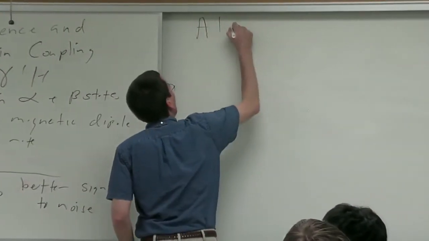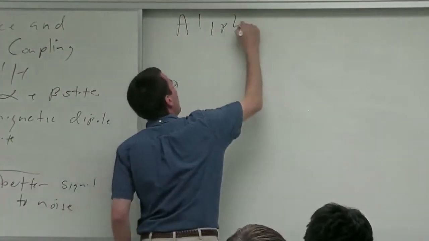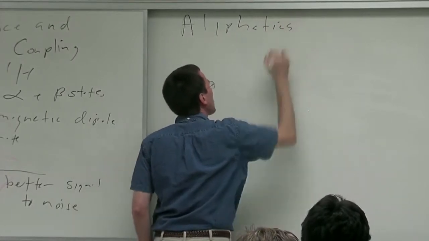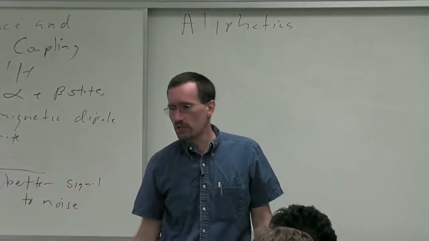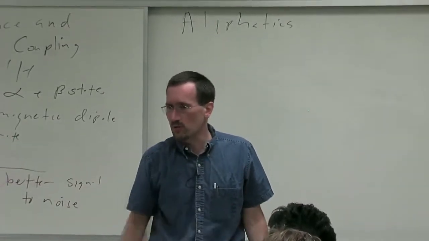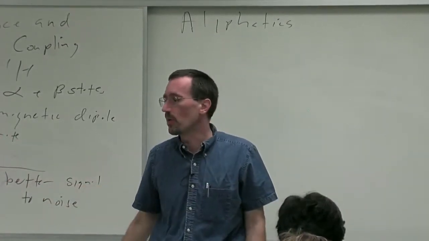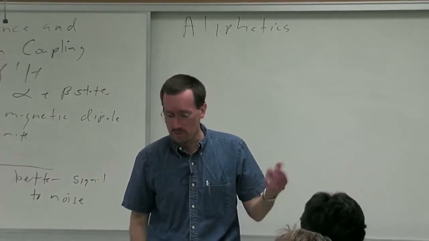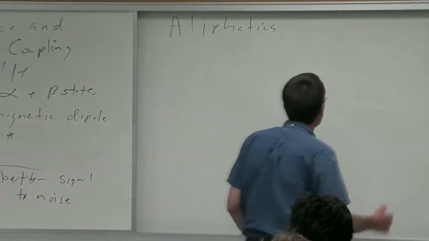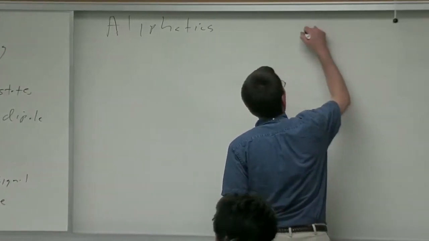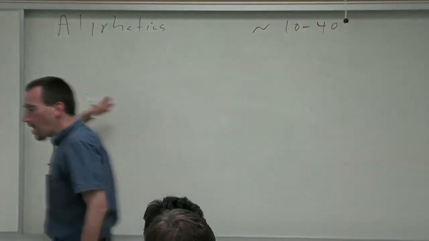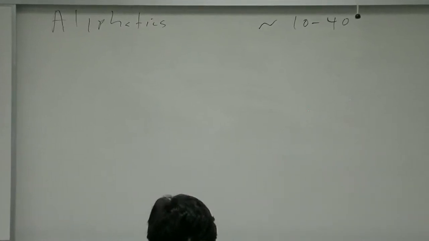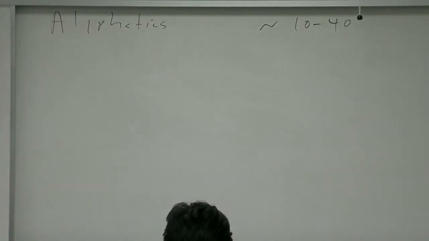All right. I want to talk about where the peaks show up. So the carbon NMR spectrum has a big range, typically from about 0 to about 200 or 200 and change parts per million, 220, 240 parts per million. Aliphatics show up at about 10 to 40. So on that big range of 200 or so ppm, that's in the upfield region.